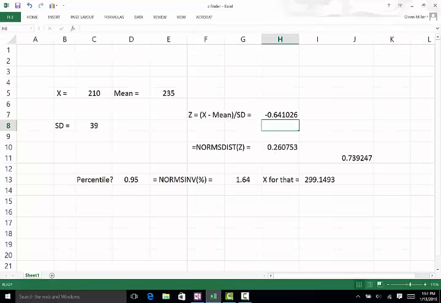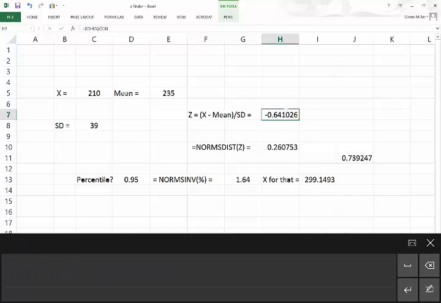I created this little file I call my z-finder. In that file, I put the x, the mean, the standard deviation, and I have this formula in this cell. You can see the formula there, C5 minus E5 divided by C8. I always keep this file handy so that I can compute z-scores as needed.